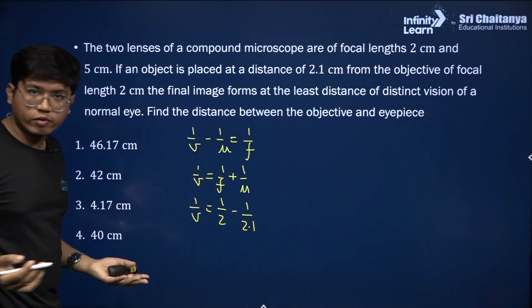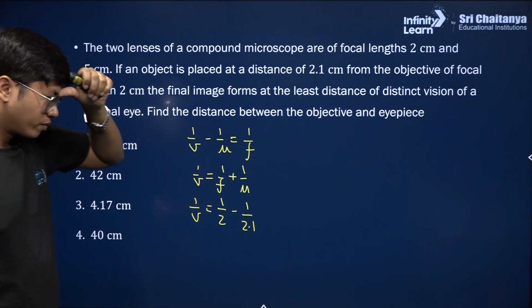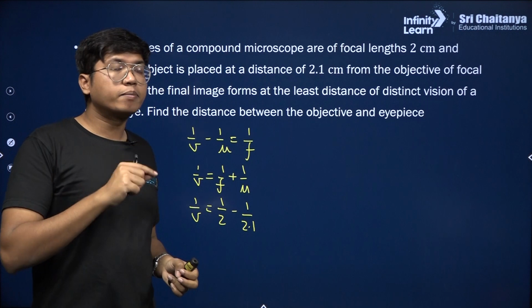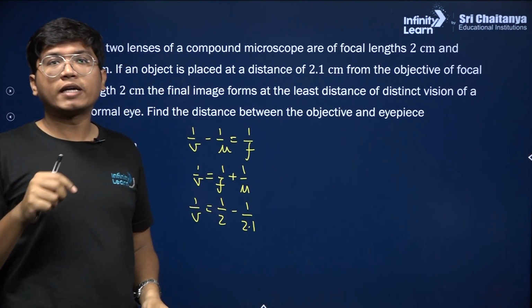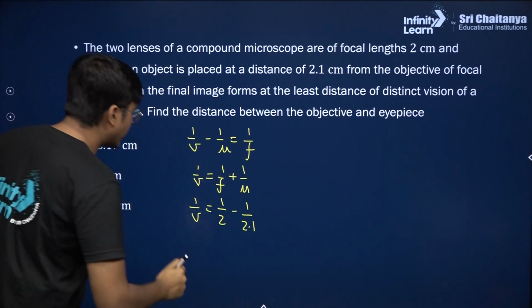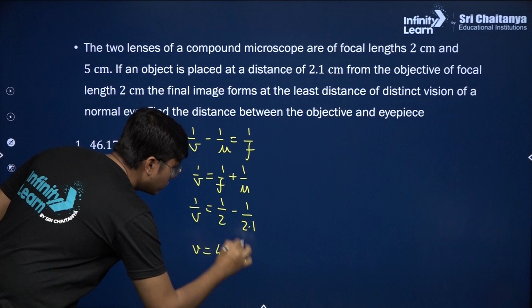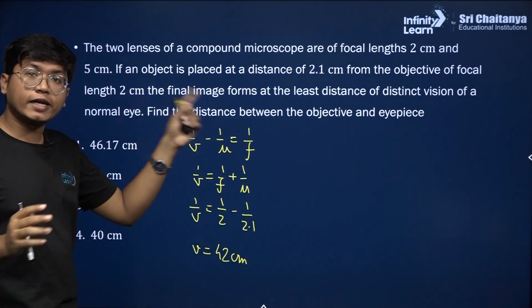If you figure this out, v would be 2 into 2.1 divided by 2.1 minus 2. So 2 into 2.1 is 4.2 divided by 0.1, that would be 42 centimeters. That is the image distance of the objective lens.